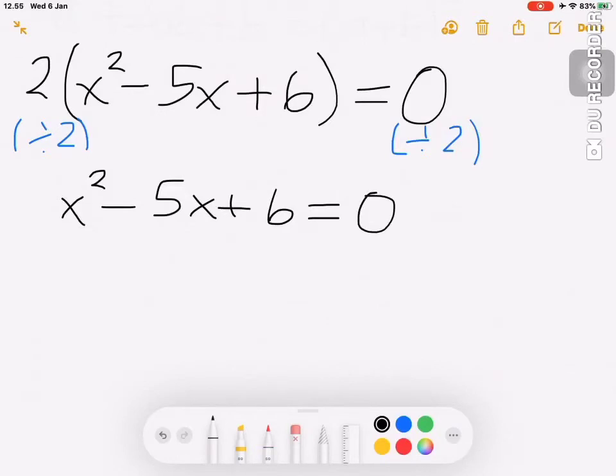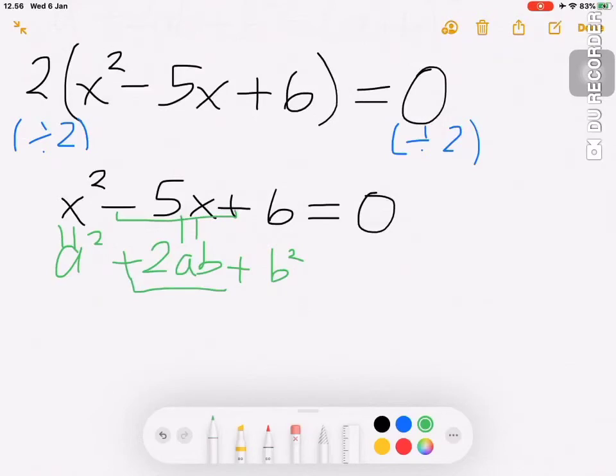And we can divide both sides by 2, and I'll slide the board down. So you get x squared minus 5x plus 6 equals 0. Well, 0 divided by 2 is just 0, so yeah.